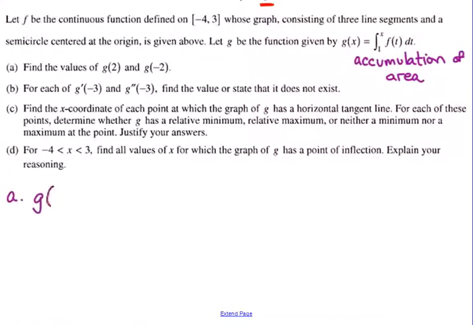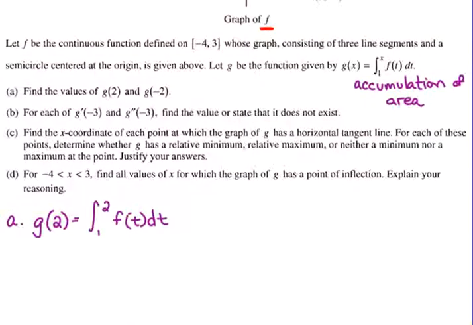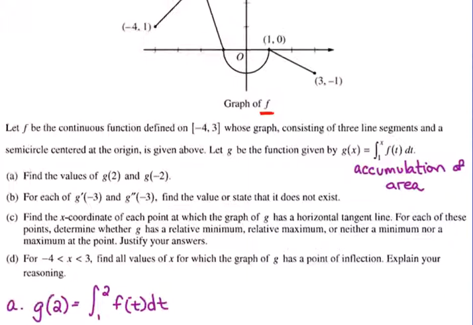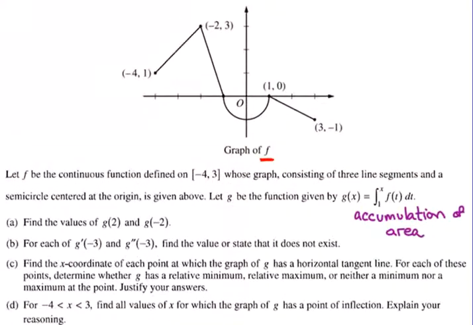So g of 2 would be equal to the integral from 1 to 2 of f of t dt. You should always establish that. Always write it down, okay? You never know when you might get partial credit just for setting it up, even if you can't figure it out. But hopefully you could recognize that the integral from 1 to 2 would be the area under the curve from 1 to 2.